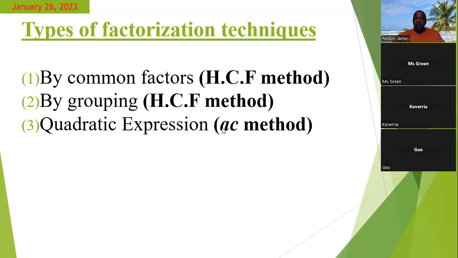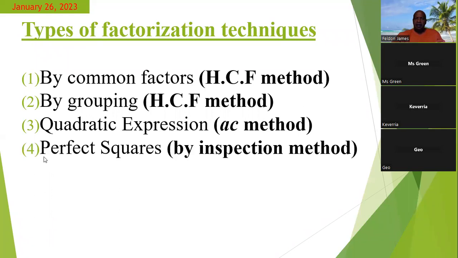We have to use what we call the AC method. The AC method is not the only method for the quadratic, but it is the method that is commonly used. After you have mastered the AC method, I will also show you an alternative method that you can use instead of the AC.